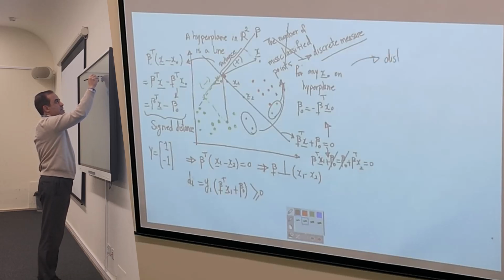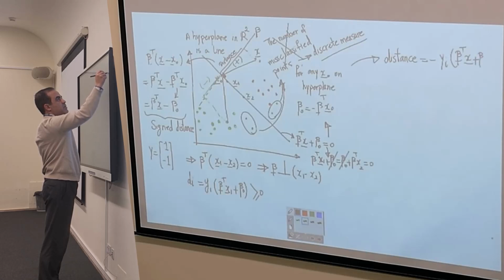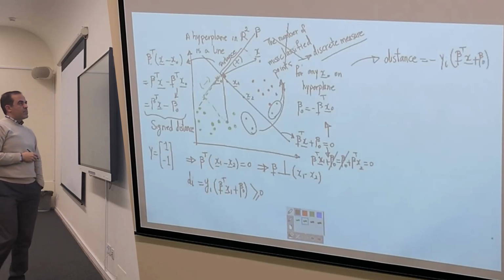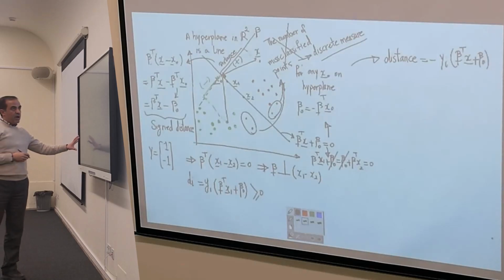So the distance that we calculated before was equal to theta transpose x plus b 0. And here I had it with the positive sign.